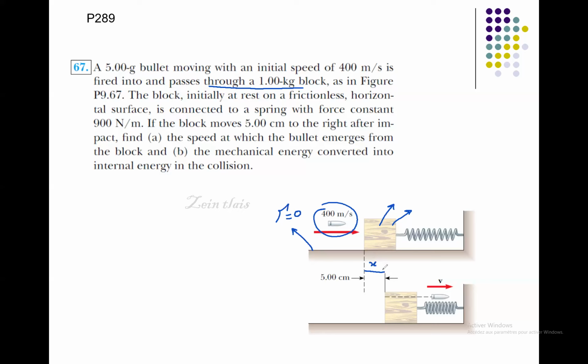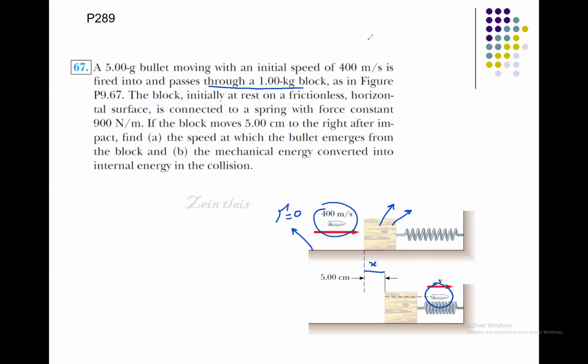After x equals 5 centimeter, the block has V equals 0, it is the maximum compression. We have to find the final speed of the bullet.